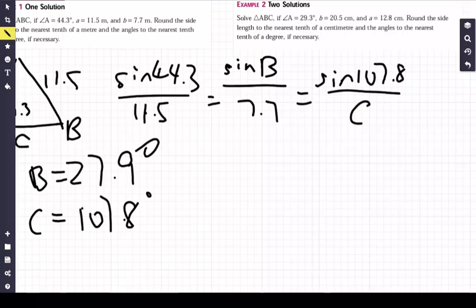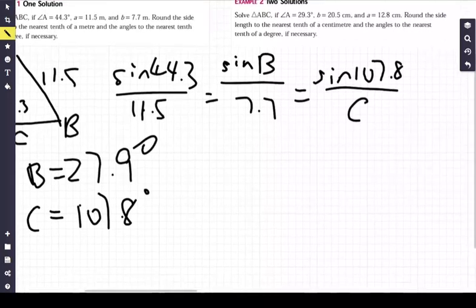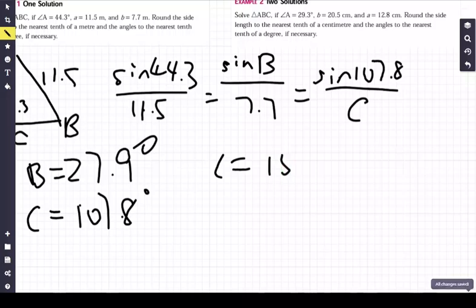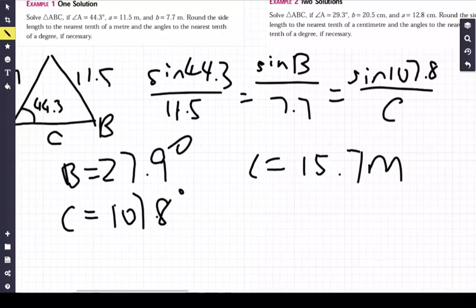Sine of 107.8 degrees multiplied by 11.5 divided by sine of 44.3 degrees. Okay, so C is equal to 15.677, which rounds to the nearest tenth, so C is equal to 15.7 meters. And there we have solved the triangle.